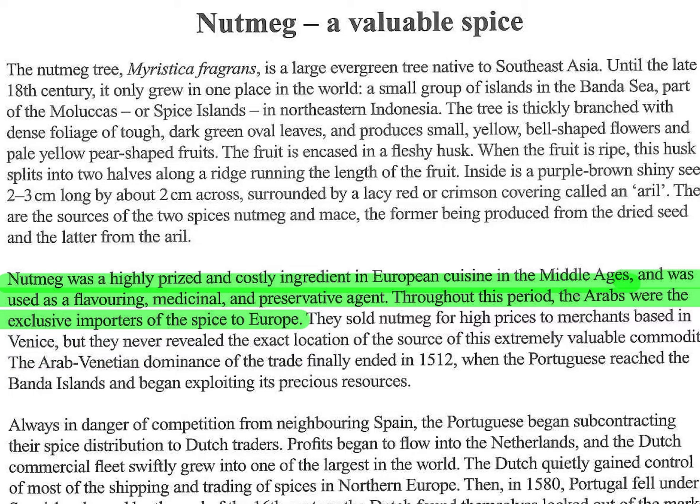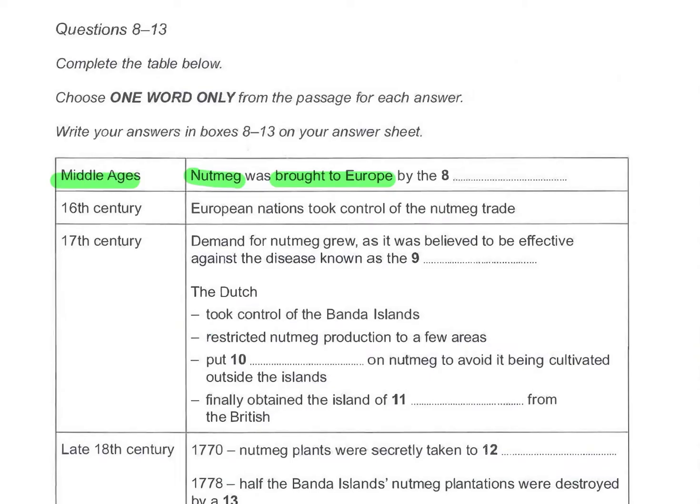You can see it is clearly written here that the Arabs were the exclusive importers of the spice to Europe. That means the answer for question number 8 will be by the Arabs.